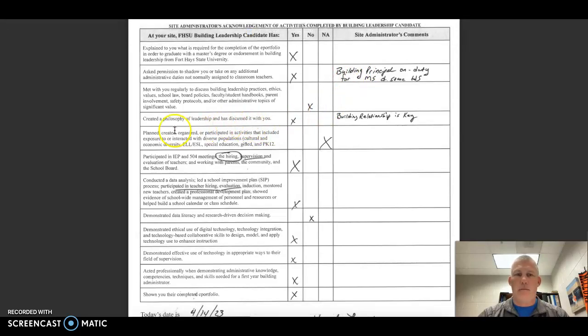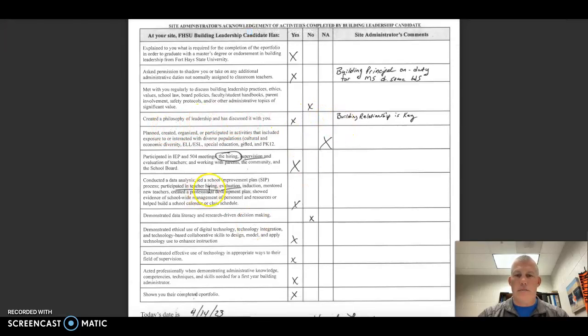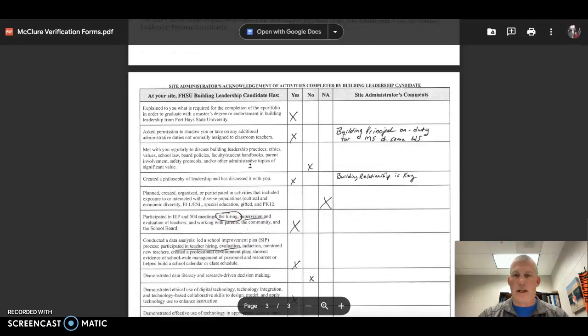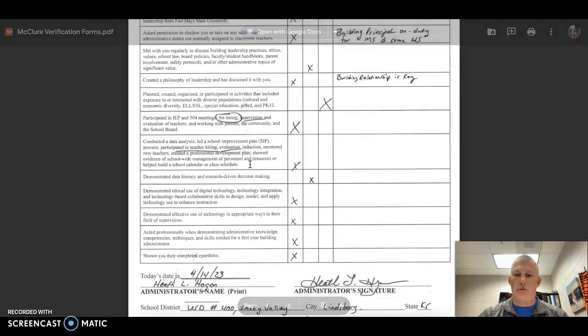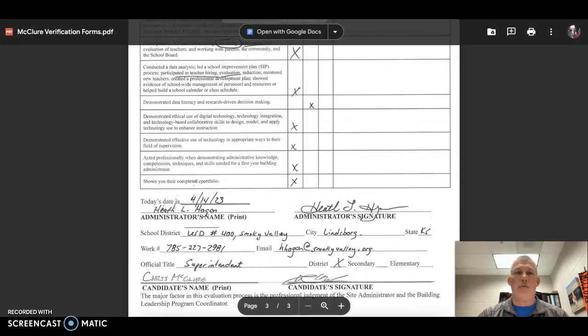We talked about my philosophy of leadership and building relationships. Like I said, I've been in the hiring process. I've done a lot of supervision, so he was able to mark yes on a lot of those that he's observed just in the last 7 or 8 months that he's been here. So those are my verification forms.